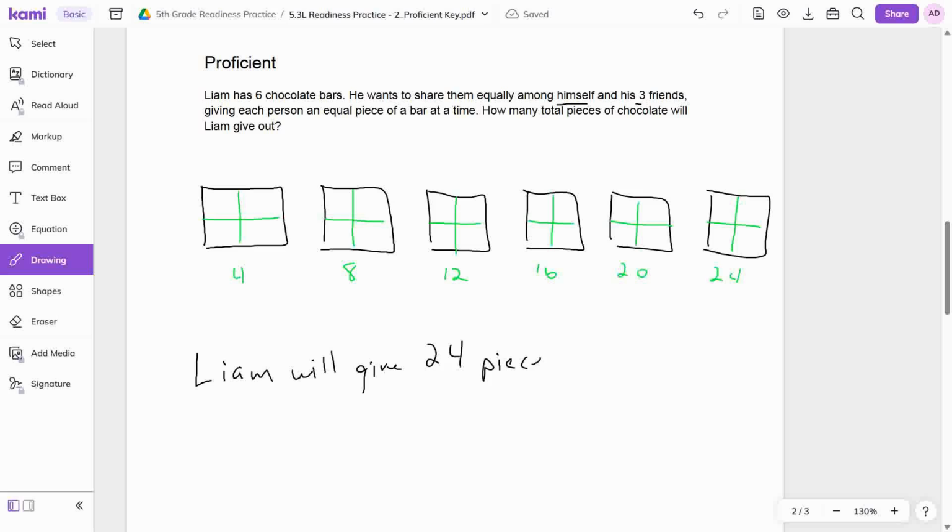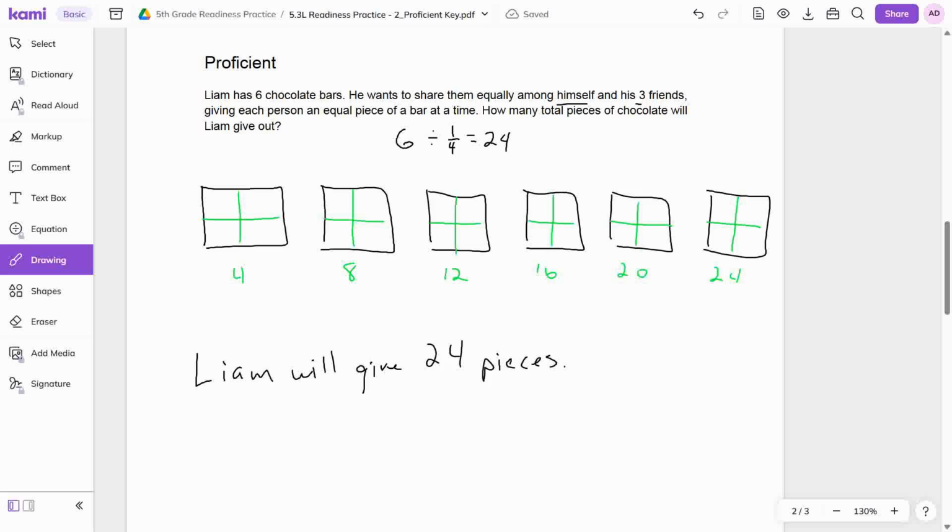Now, how can we do that with an equation? We can take our 6 pieces, and what we did, right, is we divided it by 1/4 pieces. Now, how does that get us to 24? Well, same thing.